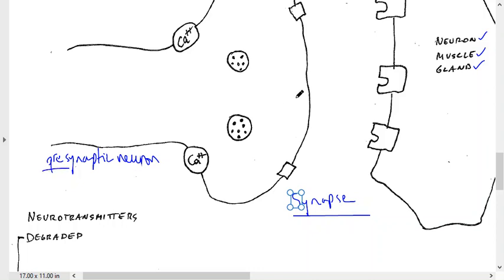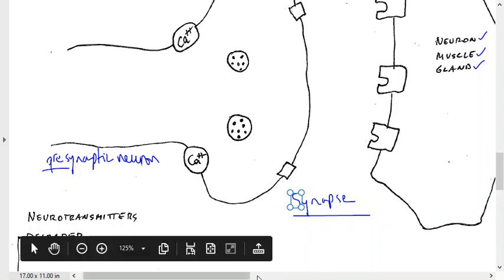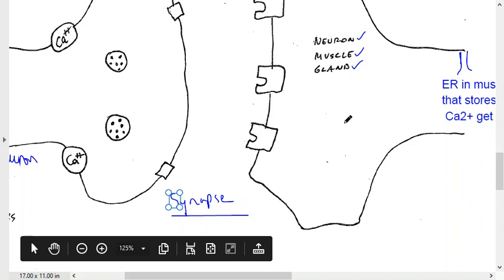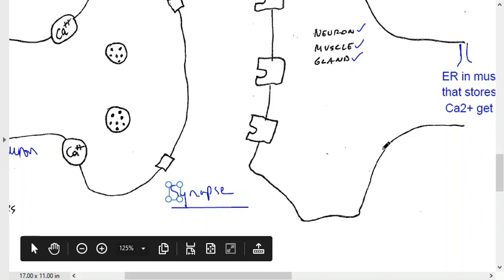The presynaptic, it's before the synapse. And the neuron after the synapse, you can probably guess what it's called, is the postsynaptic neuron. So just some vocabulary.